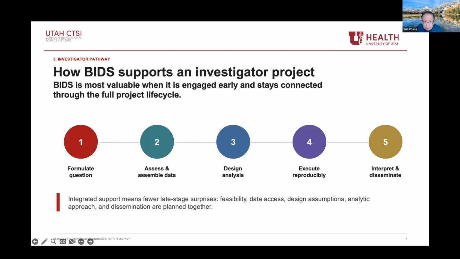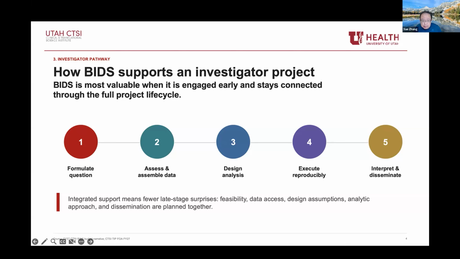This slide shows the investigator pathway where BIDS can add value for your study. The first step is helping formulate the research question. This is where we clarify whether the question is feasible, what data are needed, and what kind of methodological approach is appropriate.